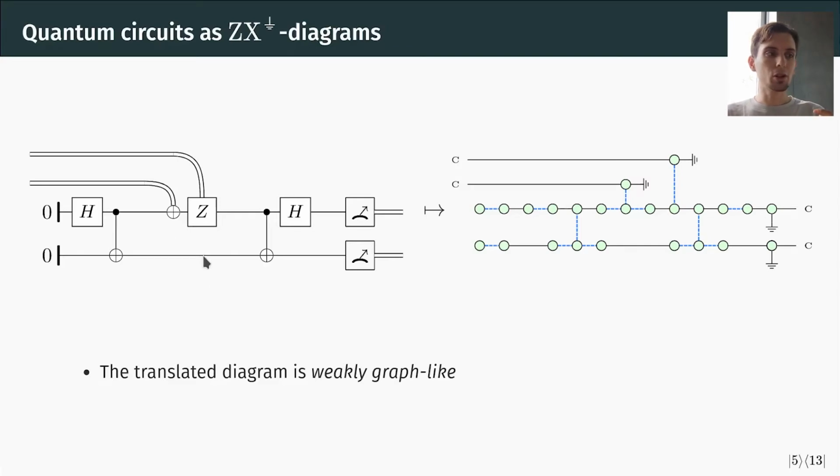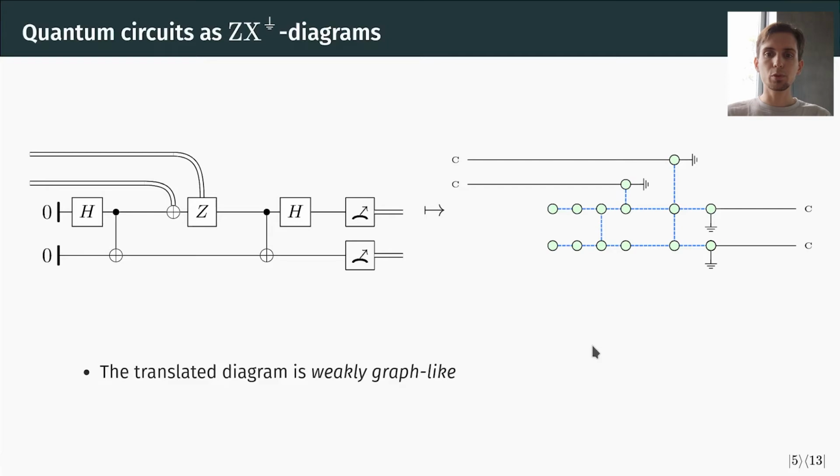Since we translate all the classical and quantum wires into regular ZX wires, we will also have to keep track of which of the inputs or outputs were classical and which were quantum. The resulting diagram of our translation is in a special form we call weakly graph-like, where we only have green spiders and, after applying some fusion rules, internal Hadamard wires.